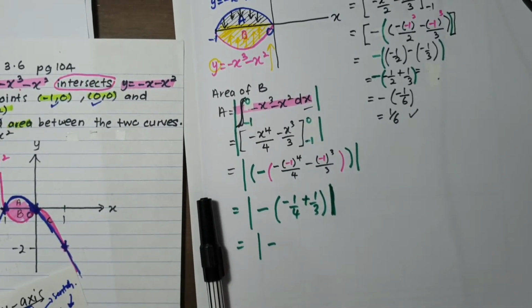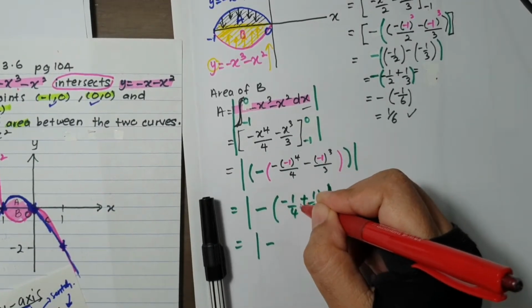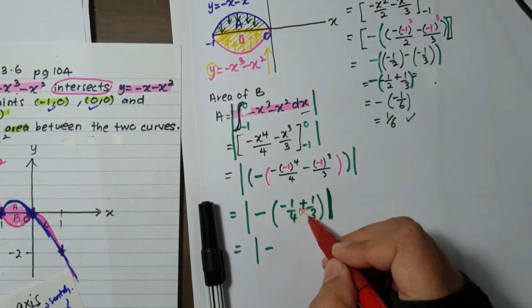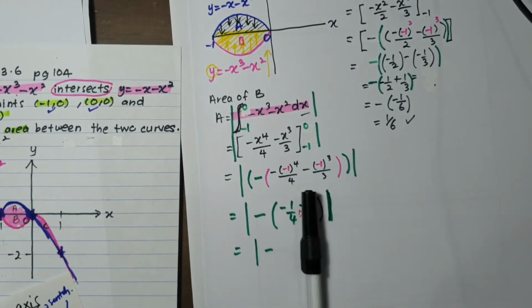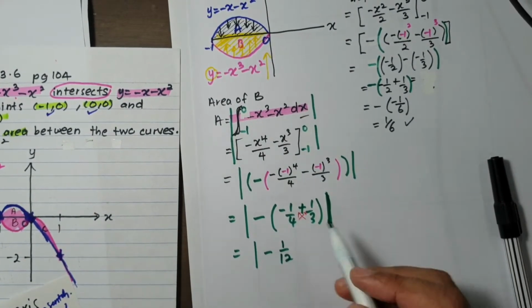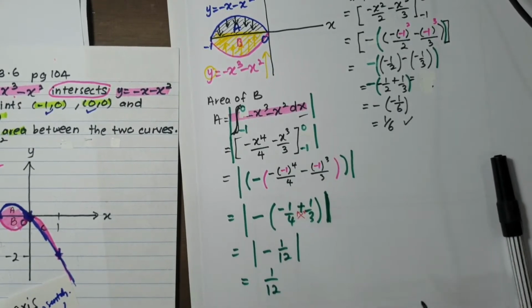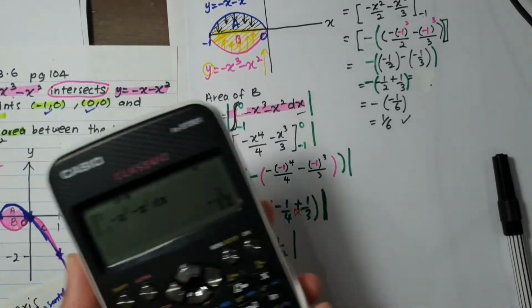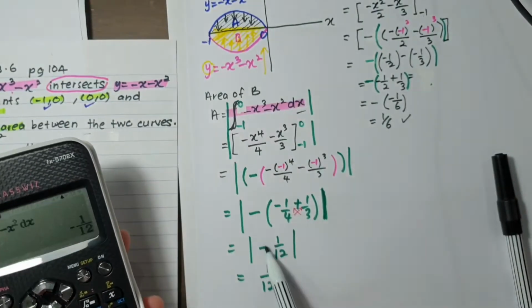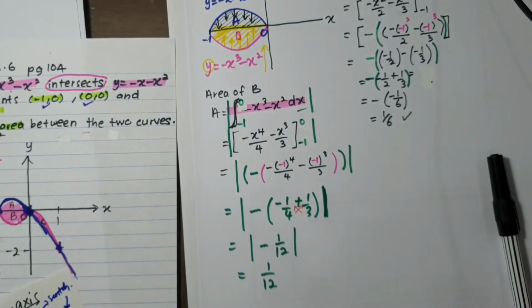Cross multiply. You do cross multiply or you can press the calculator. -3 plus 4, 1. 1/4 times 3, 12. 1/12. Modulus -1/12 is 1/12 unit squared. So yes, we get -1/12, but then we put modulus to become positive area. Okay, A and B done.